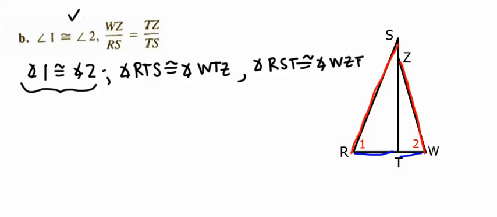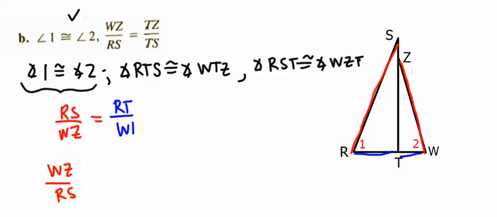RS over WZ, or WZ over RS would need to equal, if I do RS over WZ, I would need RT over WT so that I could do side angle side similarity, or I would need to have WT over RT. Same proportion, just both are flipped upside down, both fractions.